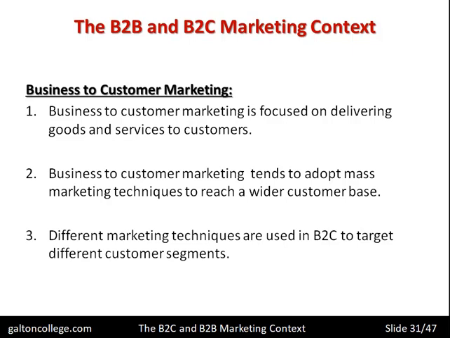Different marketing techniques are used in business to customer to target different customer segments. So even though it's one to many, the business tries to narrow it down if they can by looking at segments, looking at their customer base and dividing it up by gender or by age group or by area in which they live, or trying to divide it up in some way.